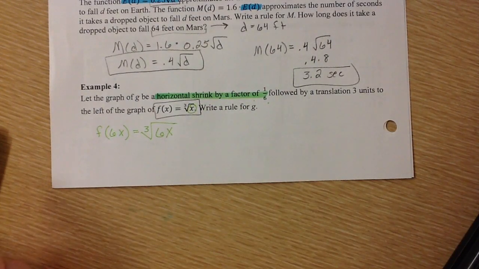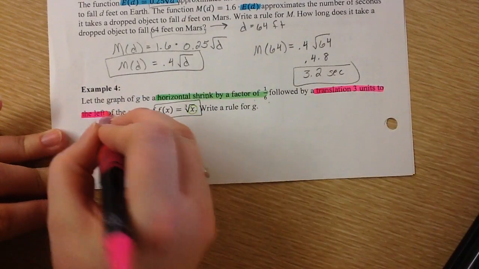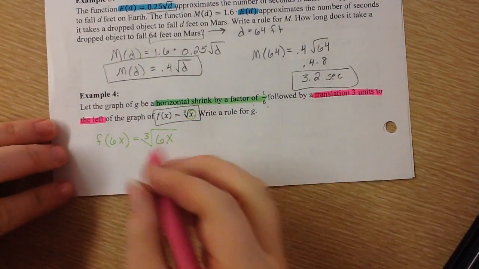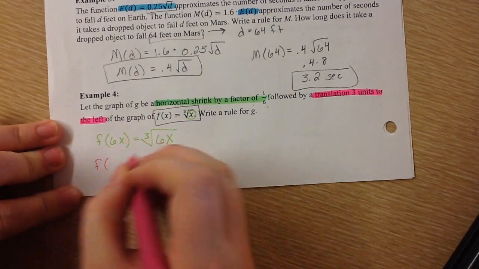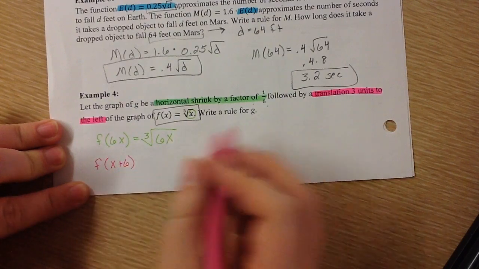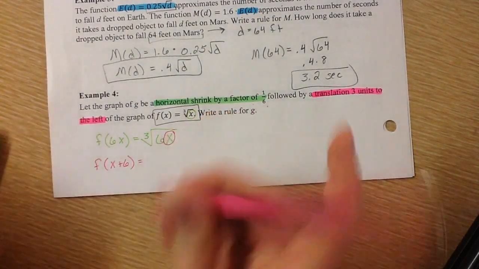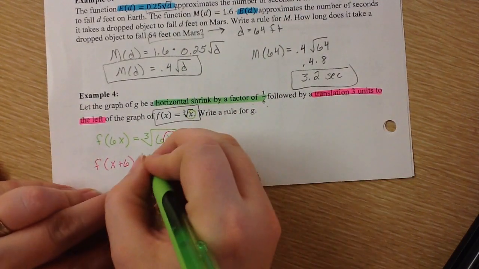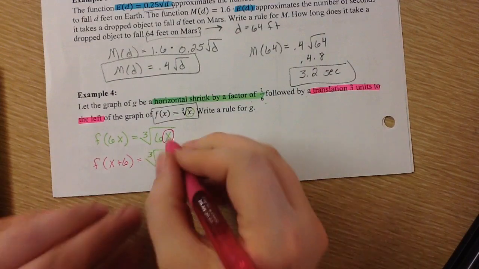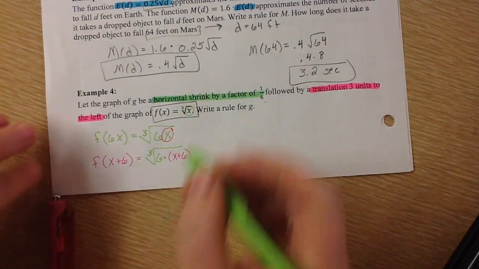Okay, followed by, next, I want a translation 3 units to the left. Again, that's horizontal, so that works backwards. So if I want to go 3 units to the left, I need to take x and add 3 inside the function. So I want to replace this x with an x plus 3. So I'd have the cube root of 6 times x plus 3 inside of there.